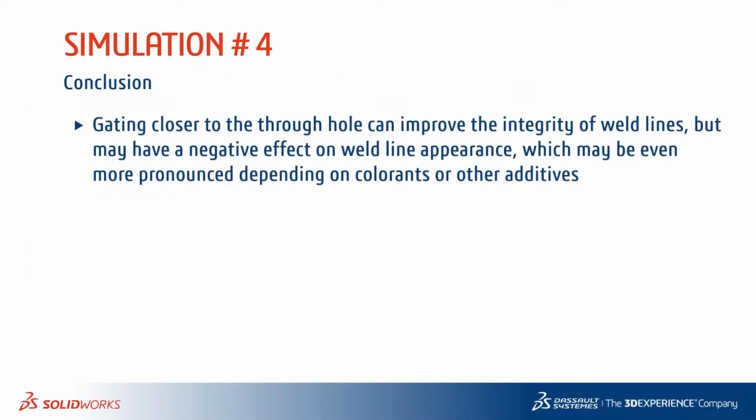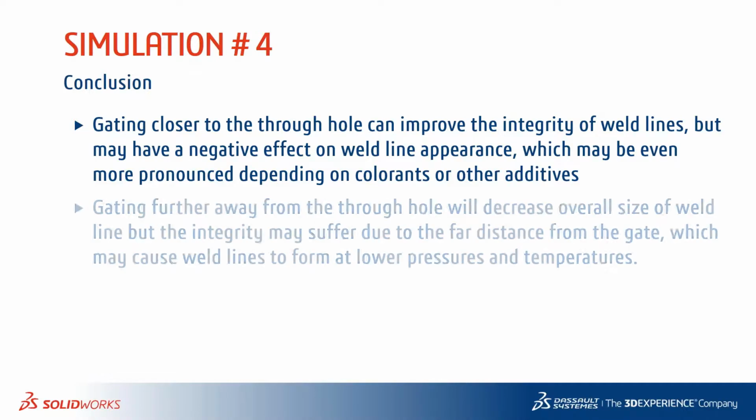So in conclusion, you can gate closer to the through hole, and that can improve the integrity of the weld lines as injection molding simulation software predicts. But it may have a negative effect on the weld line appearance, which may be even more pronounced depending upon the colorants or other additives, and it's clearly very well explained by Dr. Malloy how this can affect the weld lines.